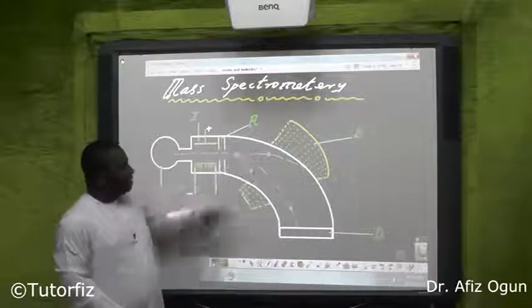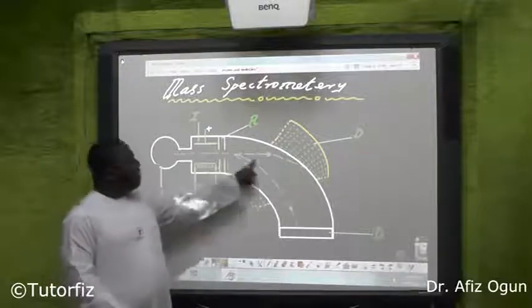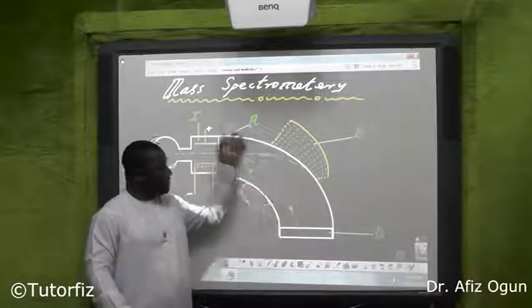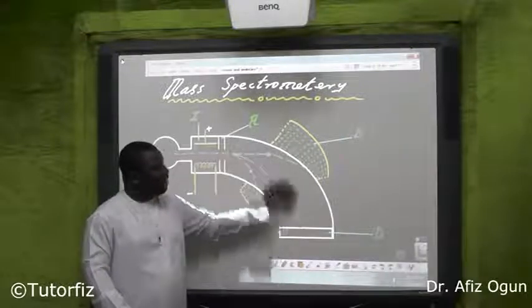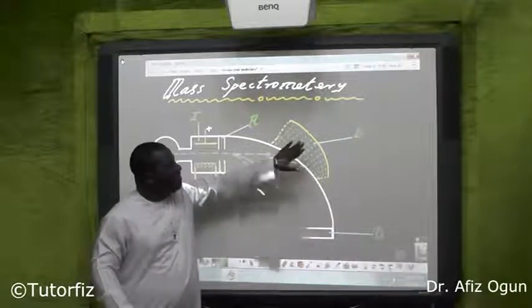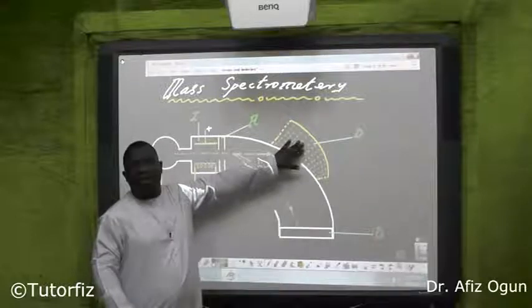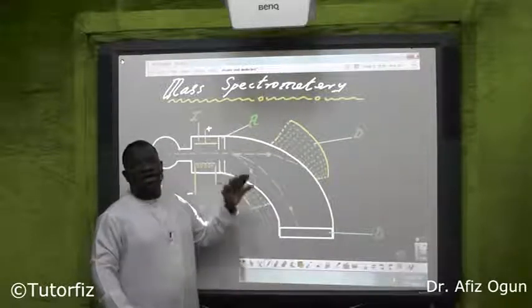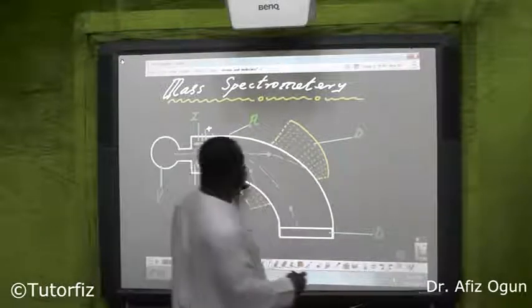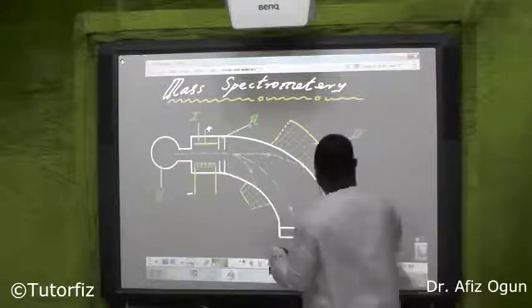Then after that, we get to a point where the path is curved. At this point, we have a magnetic field, and this is the deflection area.